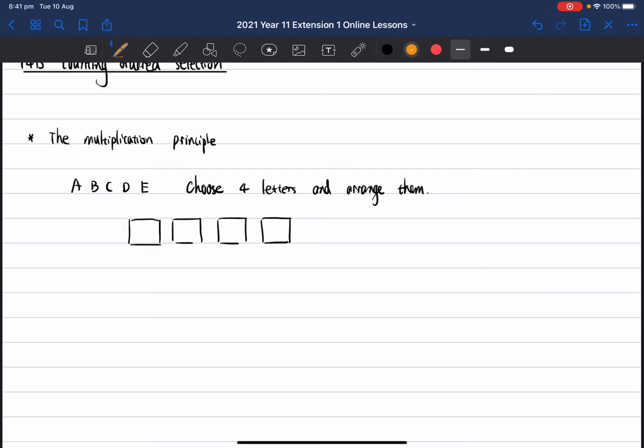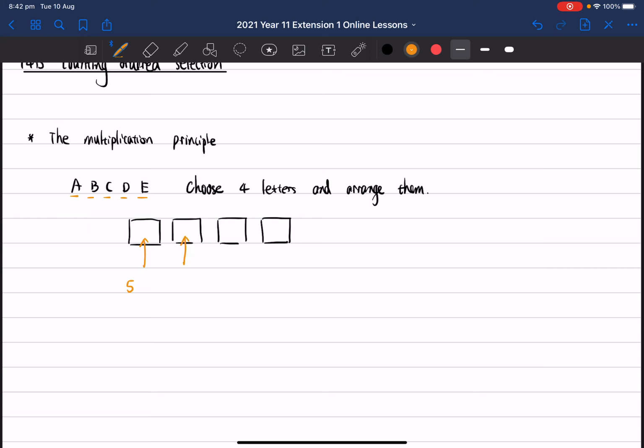Okay, so if we're using the multiplication principle, for the first letter that you can choose, you can have 5 different choices. You've got 5 different possible ways you can place a letter in the first box. You can choose either A, B, C, D, or E. So for the first box, you've got 5 different possibilities.